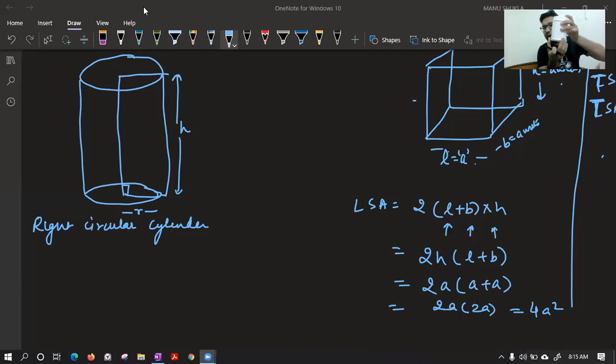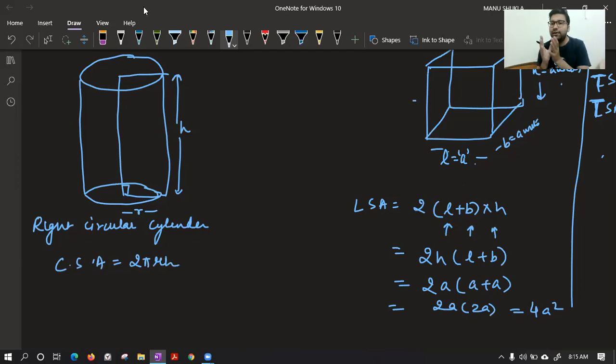So we have 2 pi r, the perimeter of a circle, and we have a height of h. So we have many coins of 2 pi r, the perimeter. So 2 pi r, 2 times, 3 times, 4 times, 5 times, 6 times, h times. It becomes 2 pi r into h. So by that we have got the curved surface area is equal to 2 pi r h.